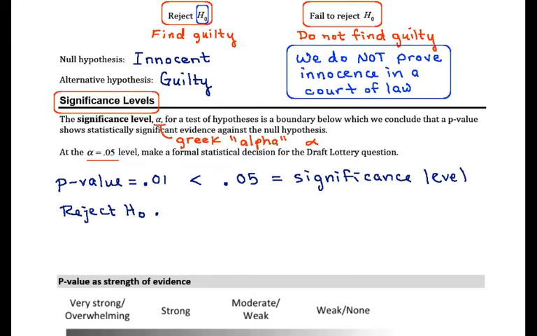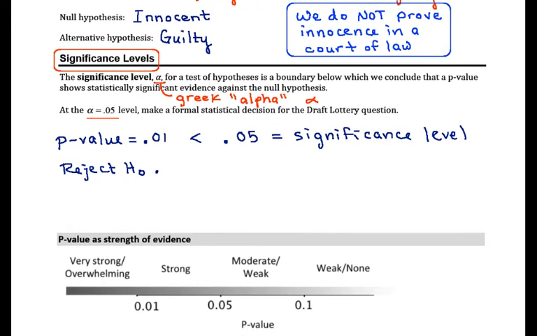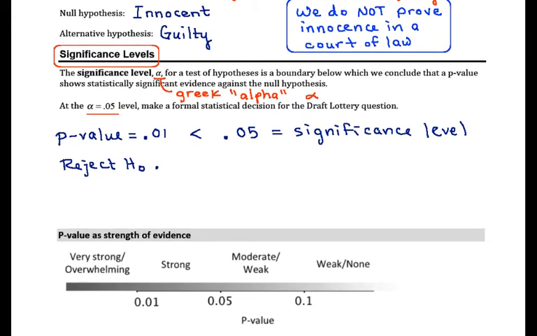Now, if we're not given a specific significance level and we're asked to conduct a test of hypothesis, we can just describe the strength of our evidence. So the most commonly used significance levels are 0.01, 0.05, and 0.1, and we can use these to break apart a number line and designate these categories: very strong, strong, moderate, weak, none.